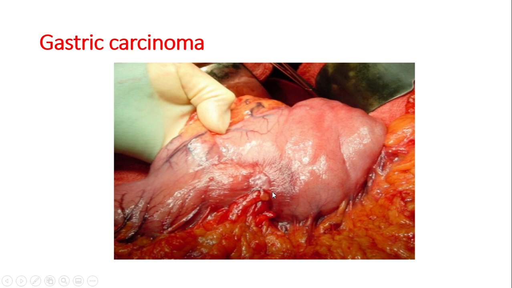The growth here is seen projecting from the inner surface, from the mucosa, and infiltrating the outer wall, the serosal wall. It started from the mucosa, invaded the submucosa and muscular coat, reached the serosal surface, and attached to the serosal fat.